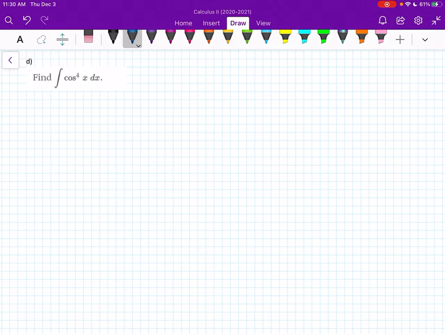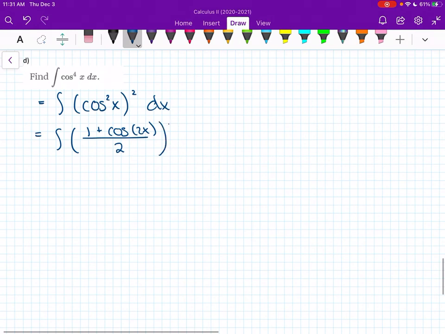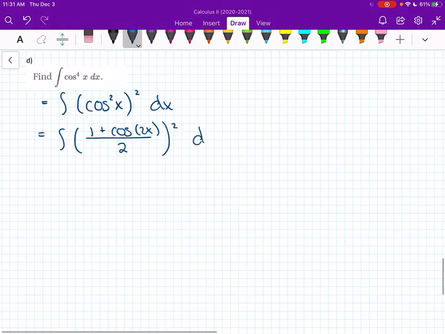So first thing we're going to do is rewrite this as cosine squared of x all being squared. And then the inside of that, I'm going to rewrite as 1 plus cosine of 2x over 2, and that's squared dx.